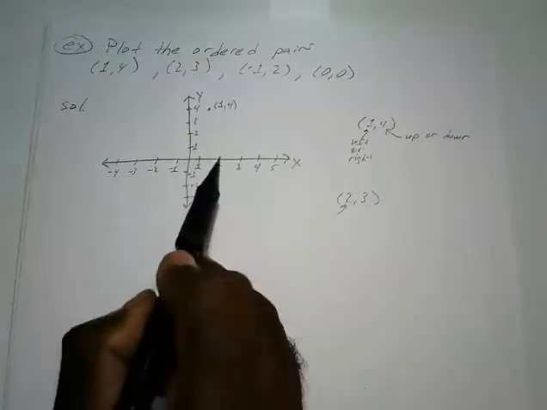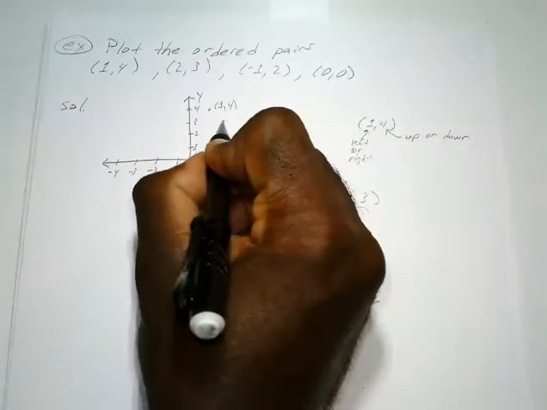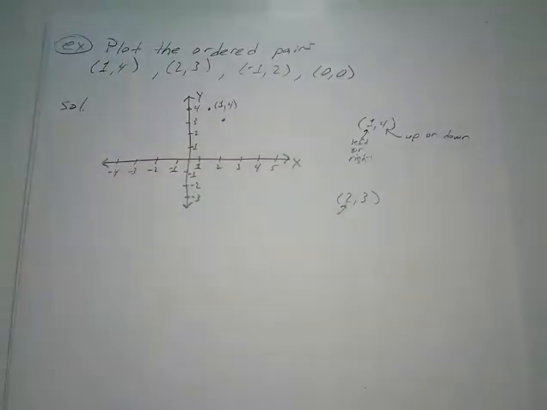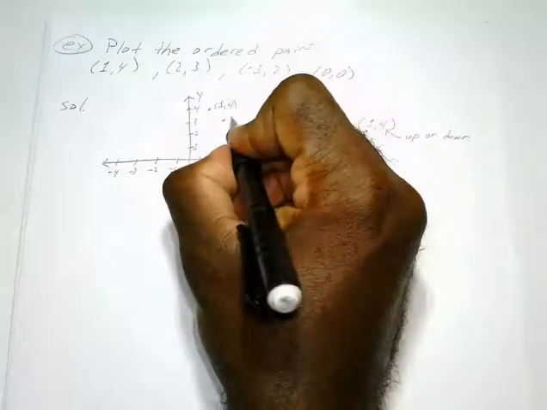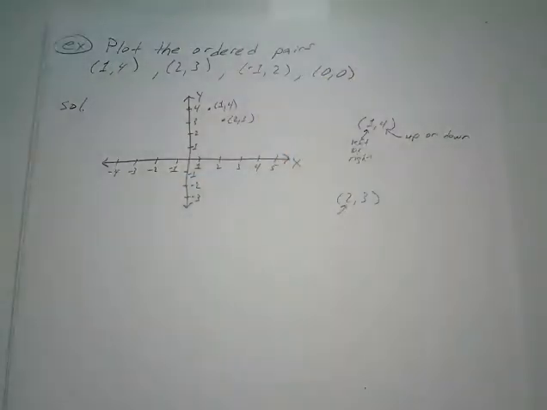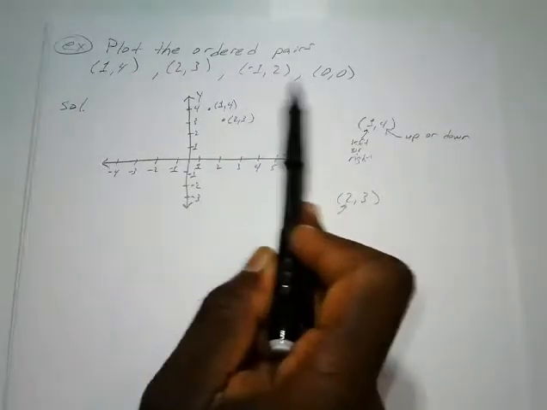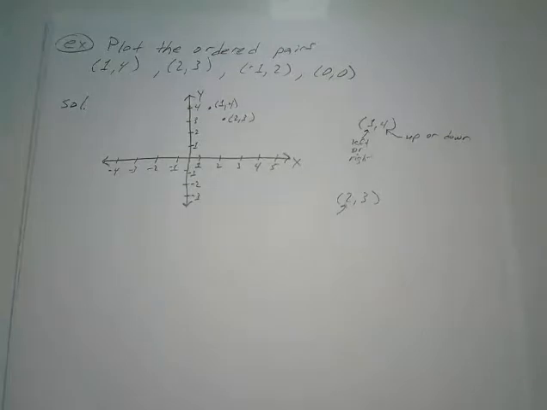So if we go to the right 2 and up 3, we'll be about right there for our point 2, 3. All right, so I want you to press pause, and I want you to try and do these next two.